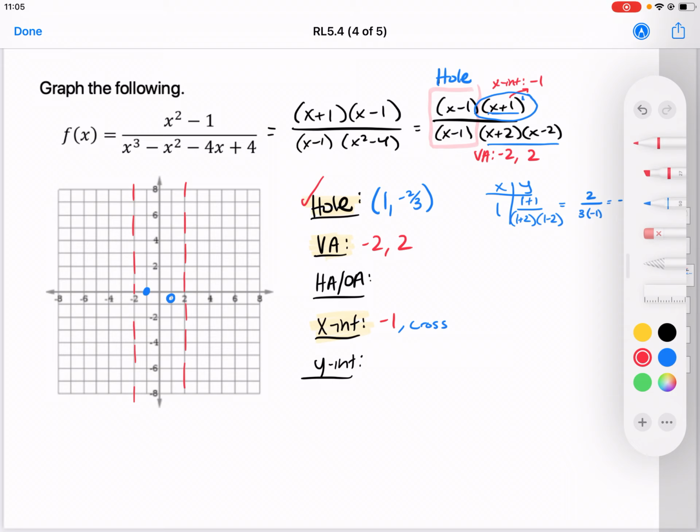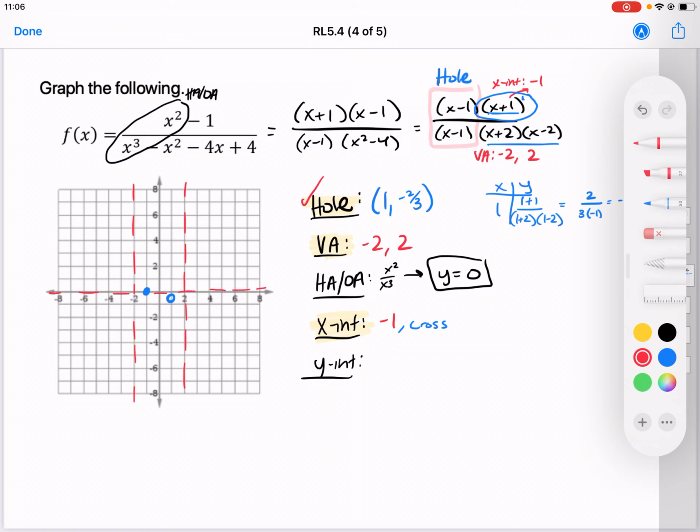The horizontal asymptote you find by looking at the first terms. Since it's x squared over x cubed, the degree on top is smaller, that tells us it's going to be y equals 0 automatically every time there's a smaller exponent on top. Then we'll plot that, and I'll do that in red again.